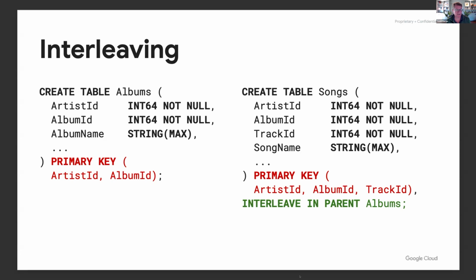So the album row of the parent table would then immediately be followed in the same storage block by the songs of that album, right? And so, this is non-standard SQL, and basically this is just storing data in a pre-joined format, right?